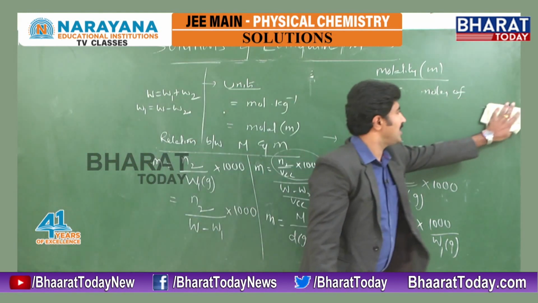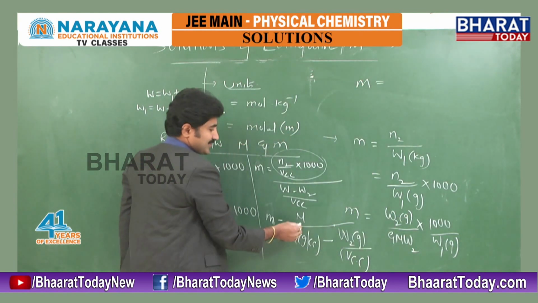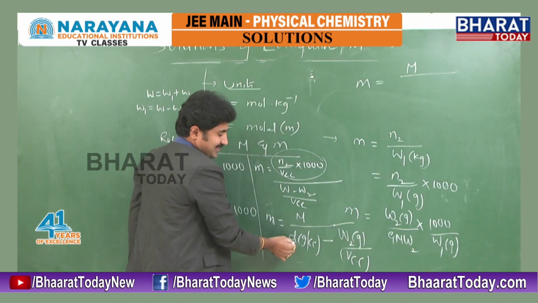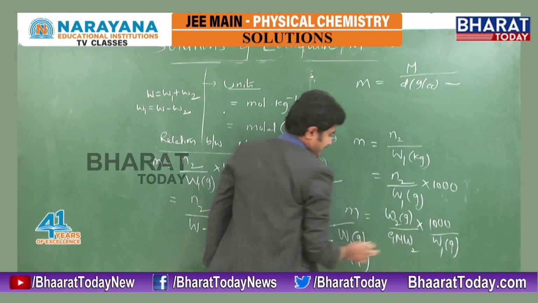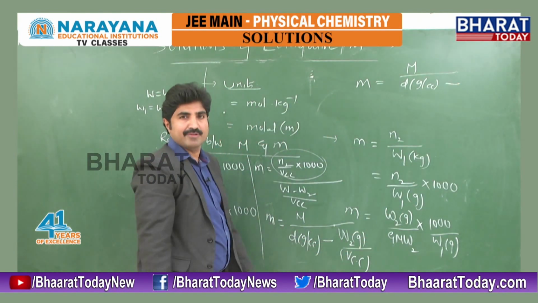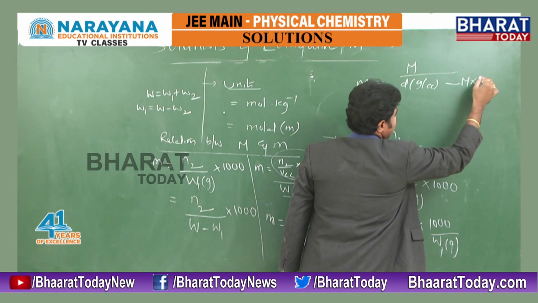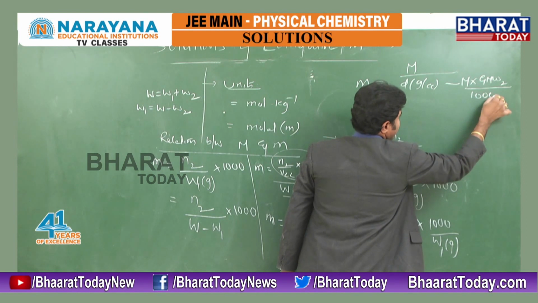Molality is equal to molarity by density in gram per cc minus W2 in grams by V in cc, which we can write as molarity into gram molecular weight of the solute by 1000.